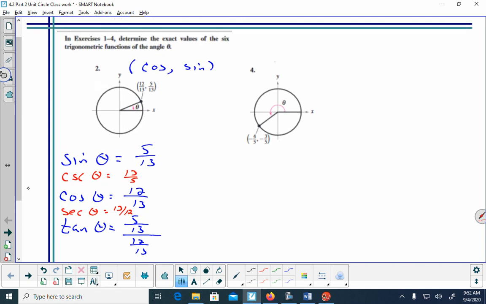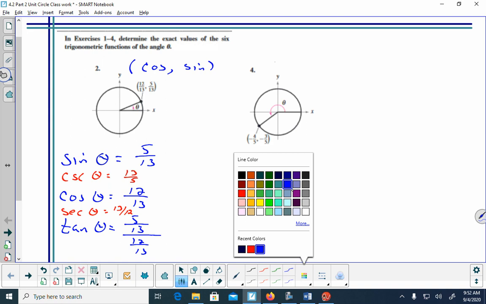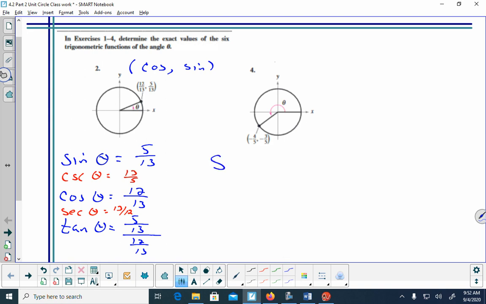So now I have this second one, number 4, where my ordered pair is -4/5, -3/5. So when I go to do my first trig functions, my sine of theta is going to be -3/5. My cosine of theta is going to be -4/5. That's my y and that's my x.